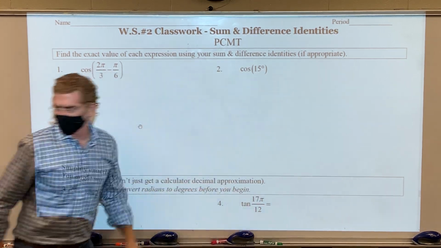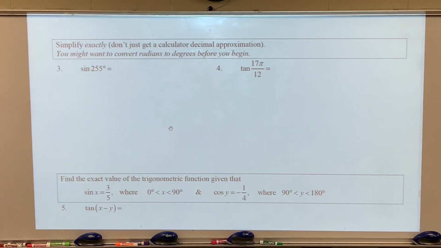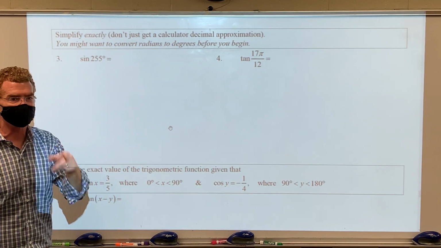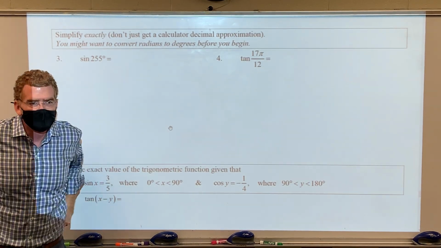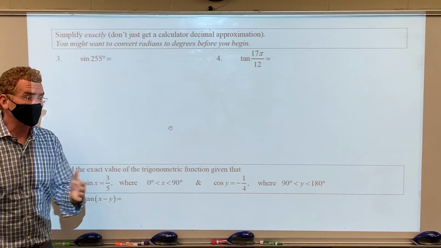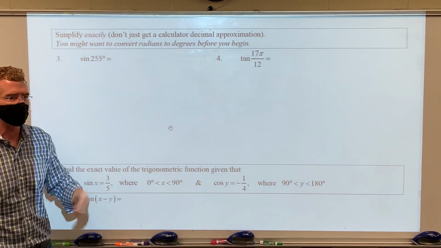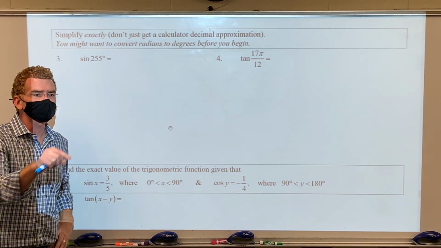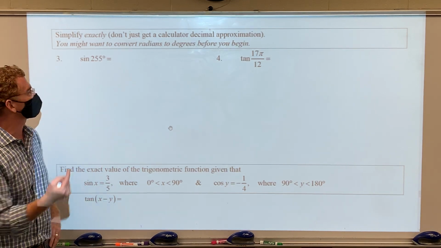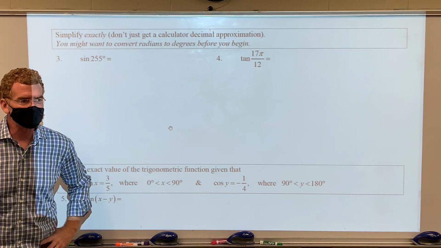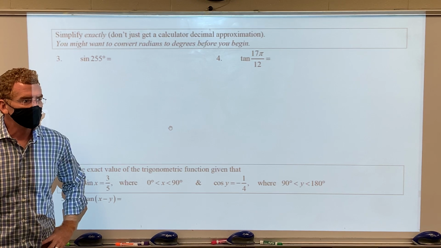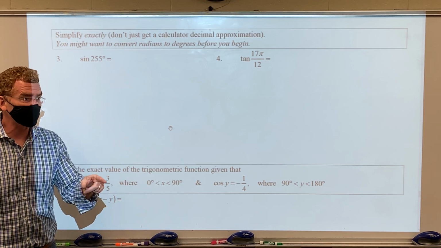All right, so let's look down a little further. What about sine of 255? Do you recognize 255 from your unit circle? I don't. 225, yeah. 315, yeah. 255, no. Now, are there two angles on the unit circle that you could add or subtract to get me 255? 300 and a negative 45 would work, right?